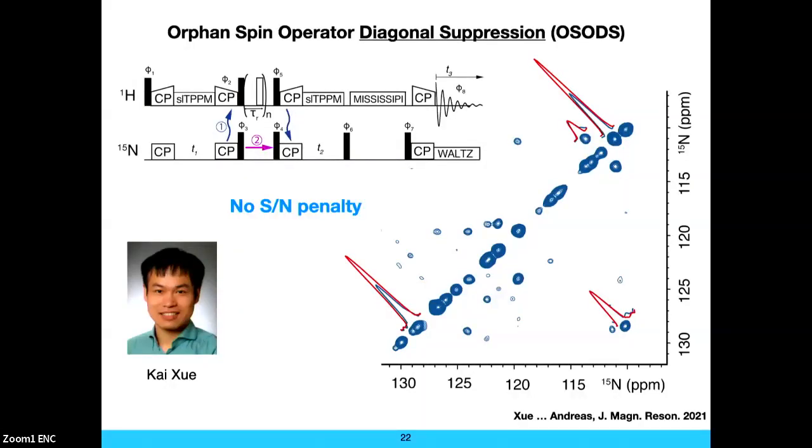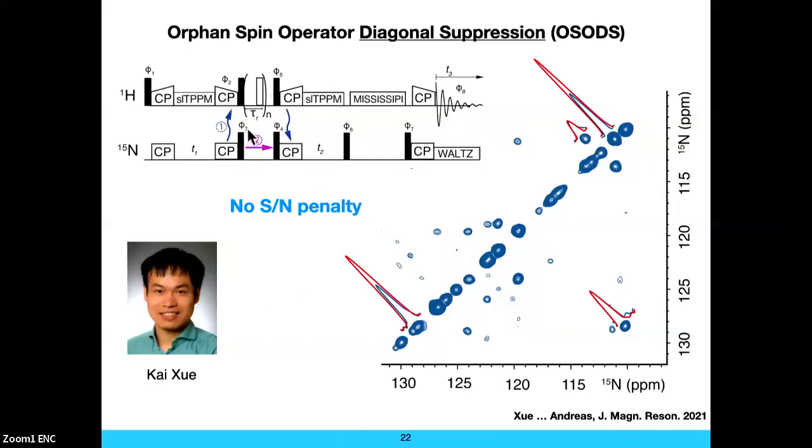Okay, so I wanted to then switch topics a little bit to a diagonal suppression technique, which we're combining with this selective transfer method, but this can also be combined with broadband sequences like RFDR, and that's what's shown here. What we do in this sequence is make use of the so-called orphan spin operators after cross-polarization, which is something many people are using for multiple acquisition type of sequences, but in this case, we use it for a single acquisition, to suppress the diagonal.